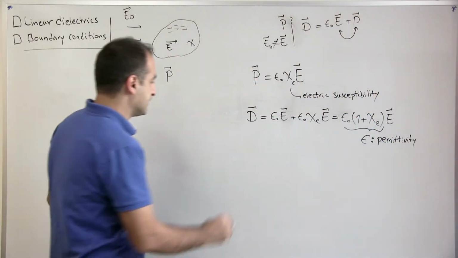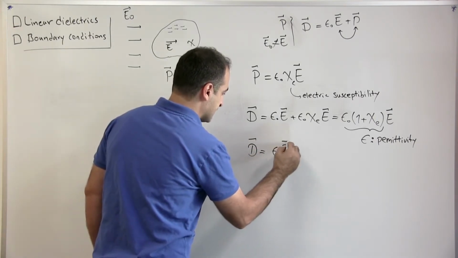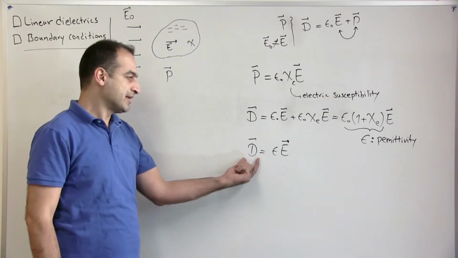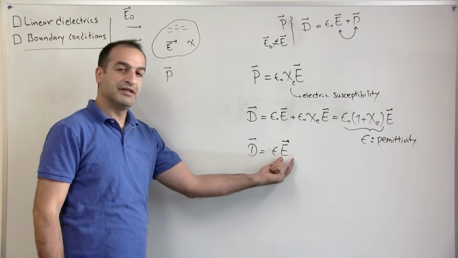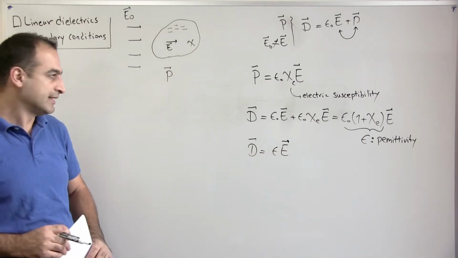Or if we write it in short, D is epsilon times E. So we find that electric displacement is linearly proportional to electric field as well.